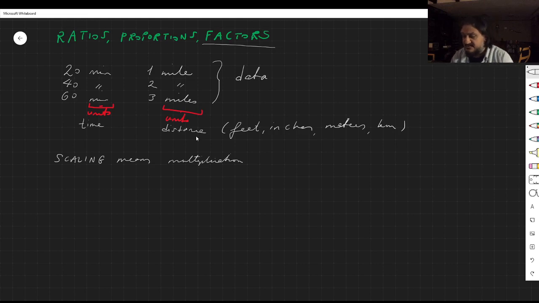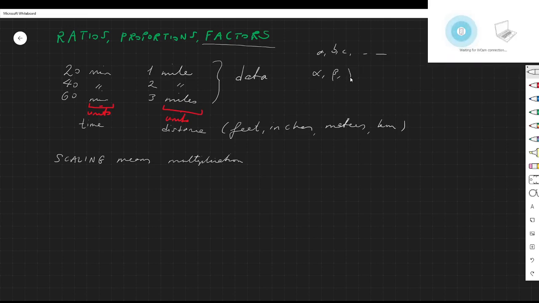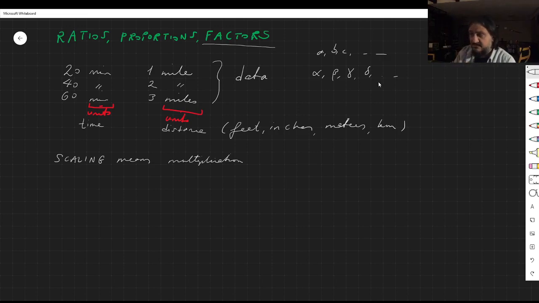Now, what kind of letters? We have the English letters, the alphabet, A, B, C, and all. Once you're done with these, you can start using the Greek alphabet, like alpha, beta, gamma, delta, so on and so forth, all the way to omega. And these are the small ones.